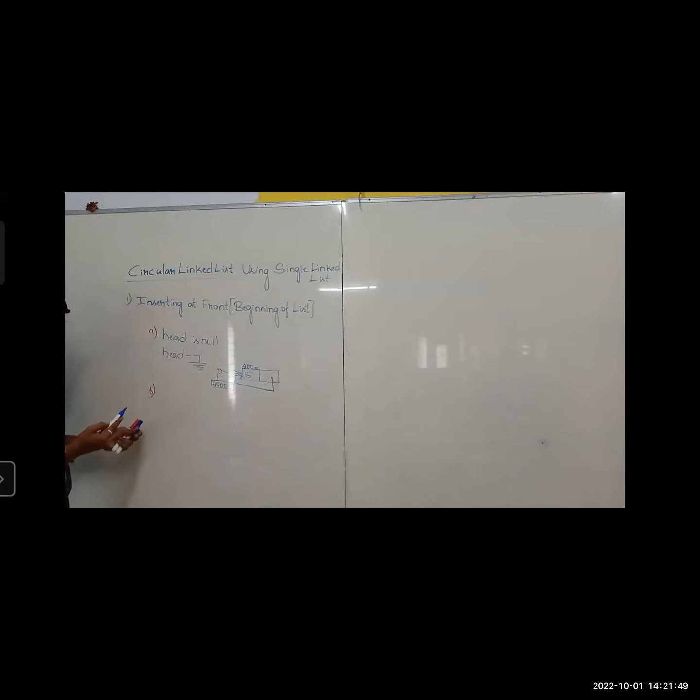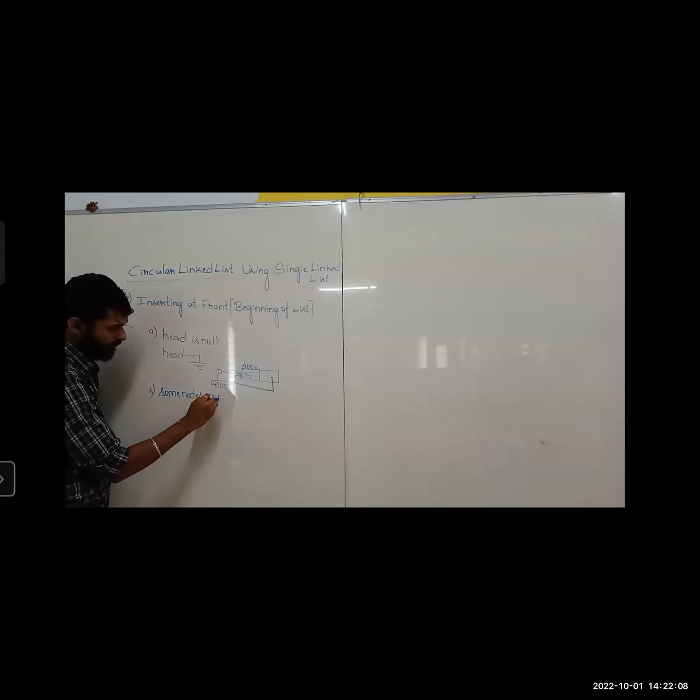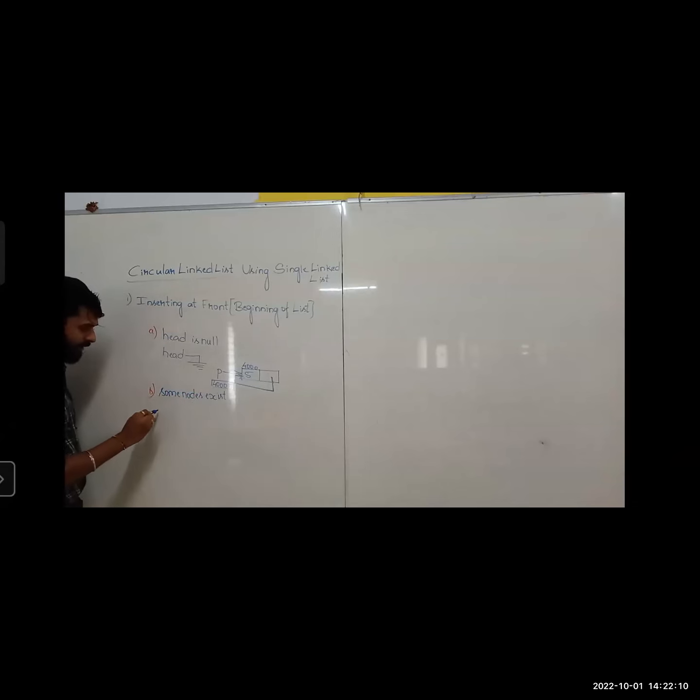Next, which is the second scenario? There are some nodes. Which is the first and last node? In this case, I believe it is clear. The next scenario is some nodes exist. If there are some nodes existing, what does that mean? This is your head. It is pointing to your first node.